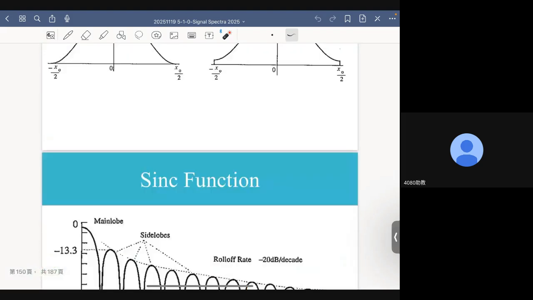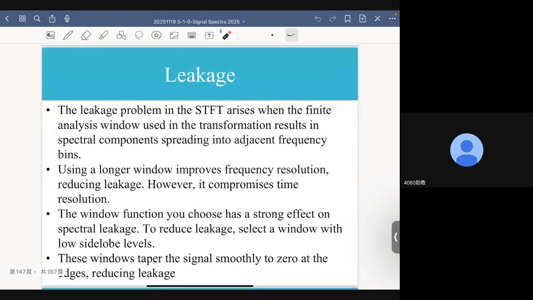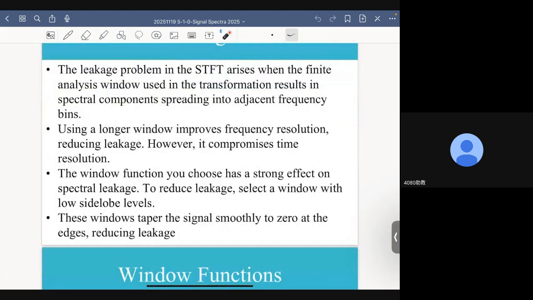Now, where do side lobes come from in the first place, okay? We know that by increasing the size of the window, including more information in the Fourier transform, we can improve leakage as well as spreading.